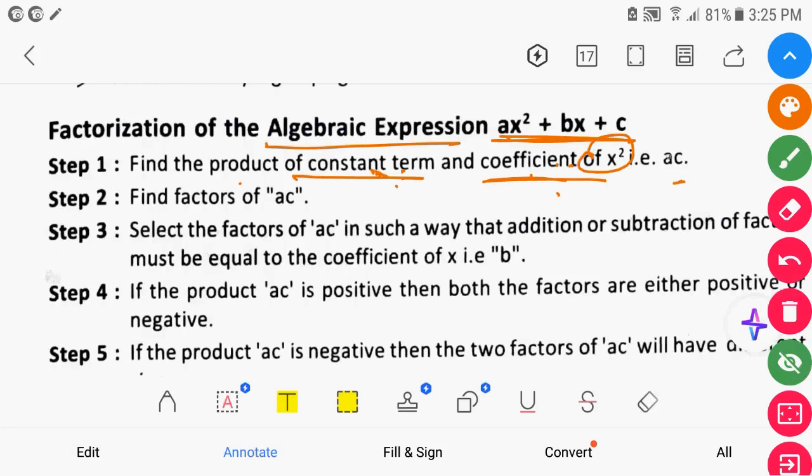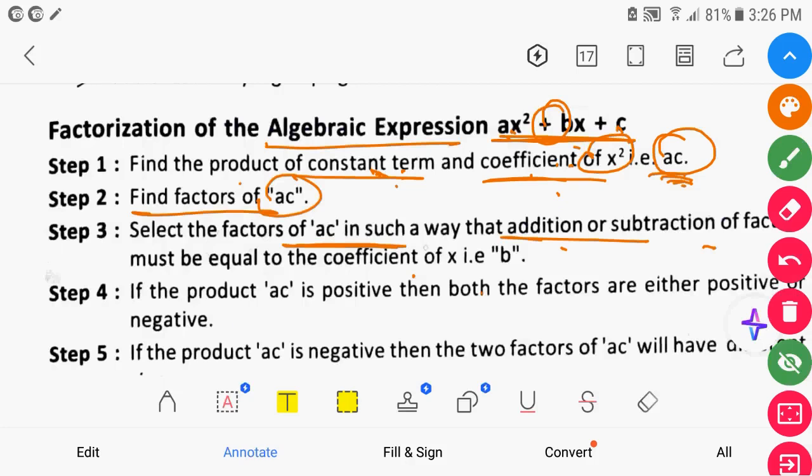After finding the values of a and c, find the factors of ac in such a way that their addition or subtraction matches the coefficient of x, which is b.